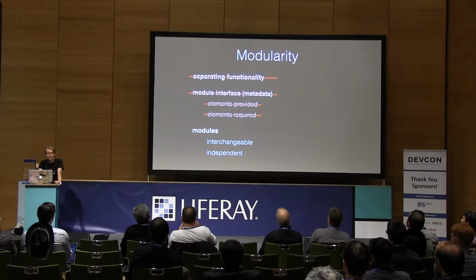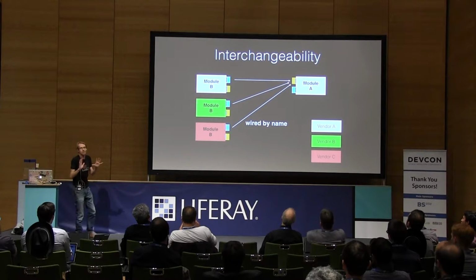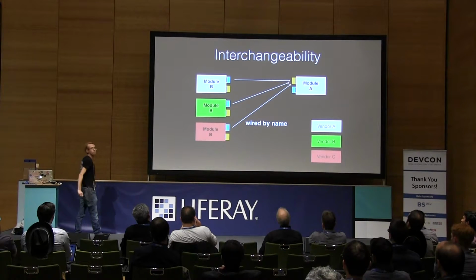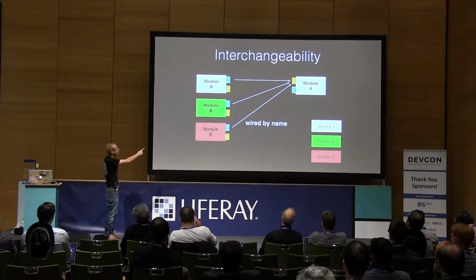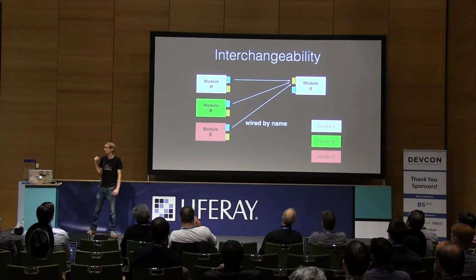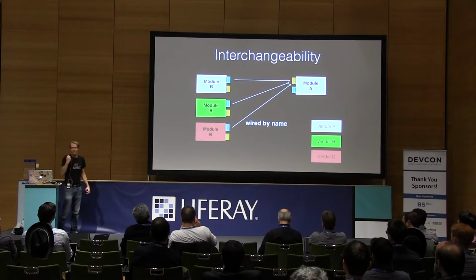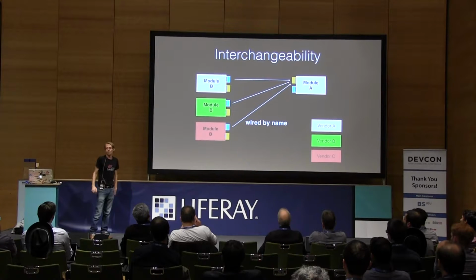Now, Wikipedia states that modules need to be interchangeable and independent. What does interchangeability mean? It's a very weak version of modularity we are defining here. Module A requires a module B. Now we have 3 different modules, and each of these modules is from a different vendor. So now you have to be careful which information you are exporting by a module.